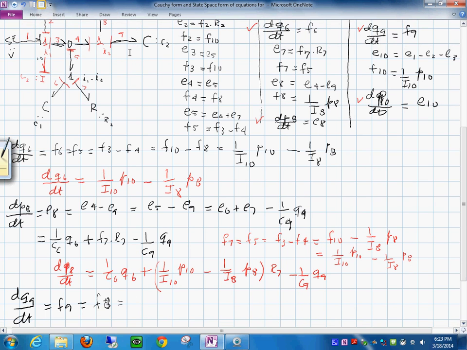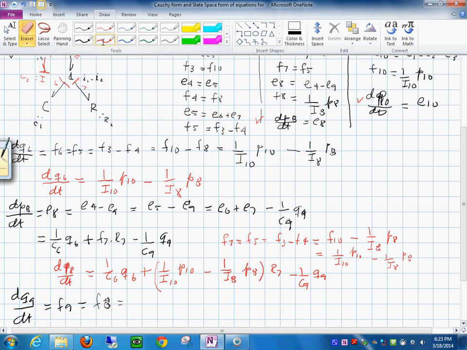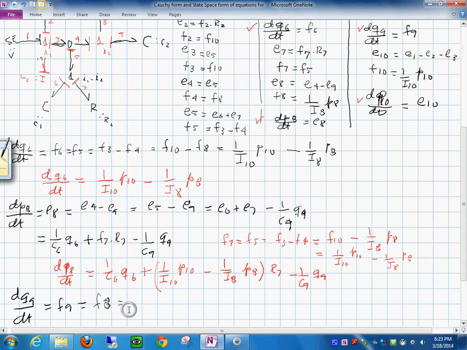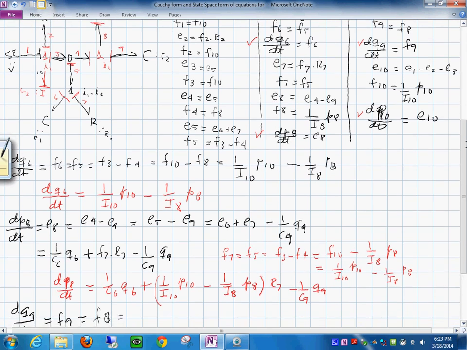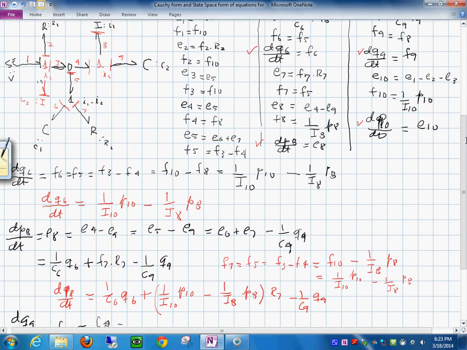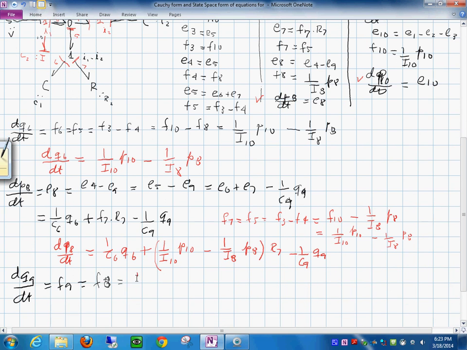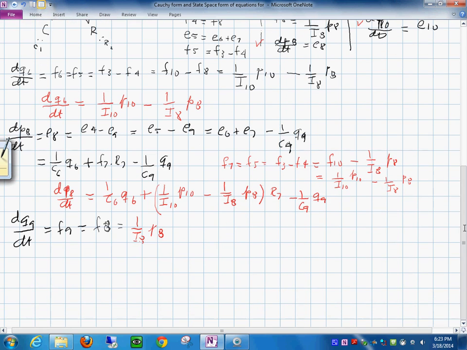F sub 8 is 1 over I sub 8 P sub 8. So that is the third equation.